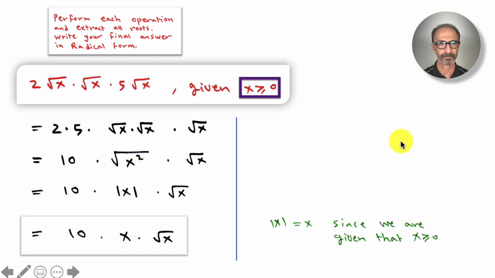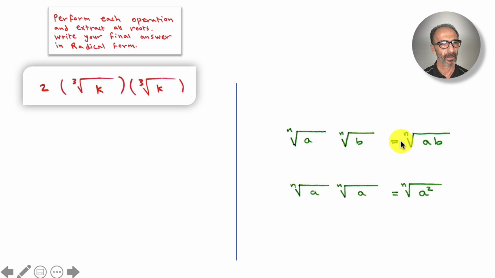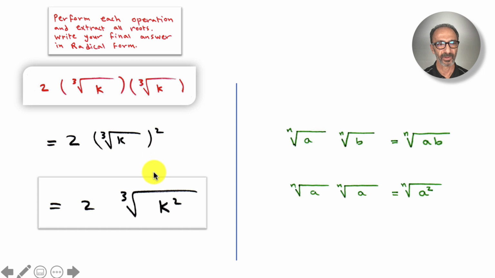Next example. I do have the powers here, or the cubic roots. I want to put them back as one piece. Once you do that, or if you square them, that's another option, you get either way the cubic root of k to the second.